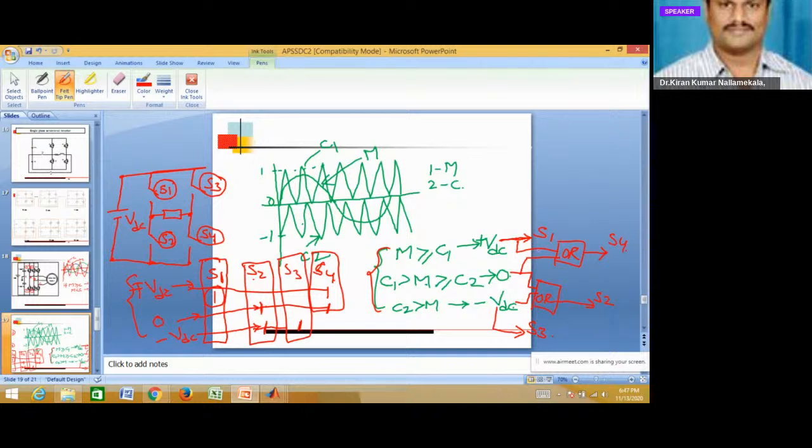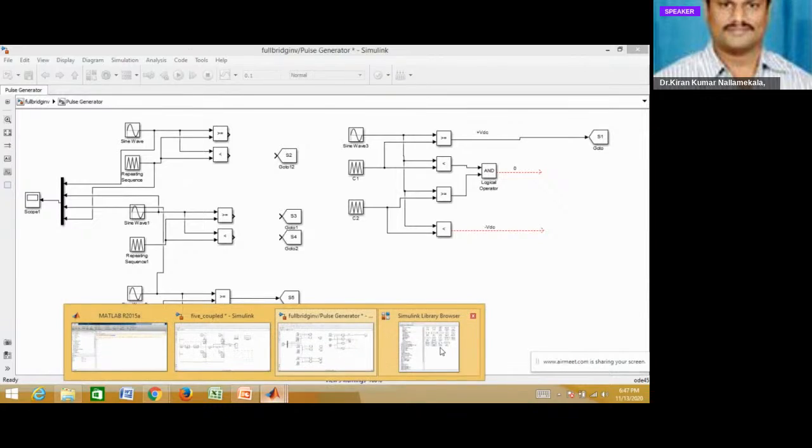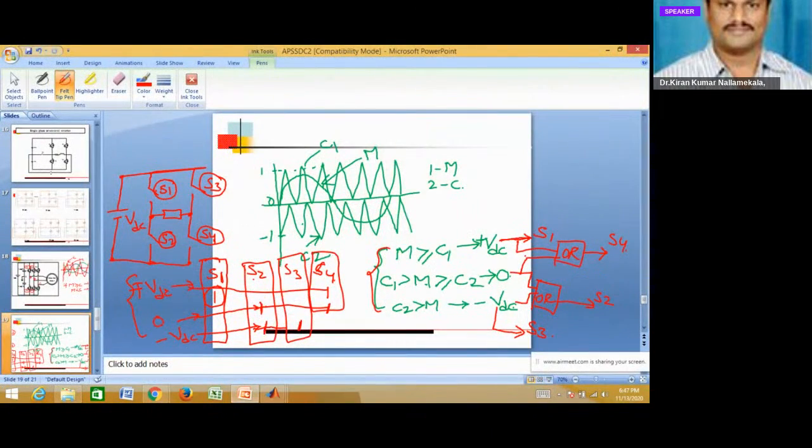Now we have to generate these logics here. What is given to S1? Directly VDC is given to S1. So this VDC we directly give to S1, and I will connect it here. Next, what is given to S2?